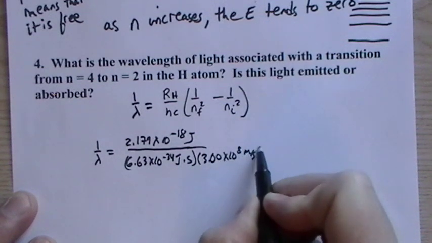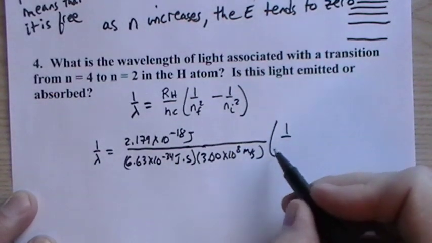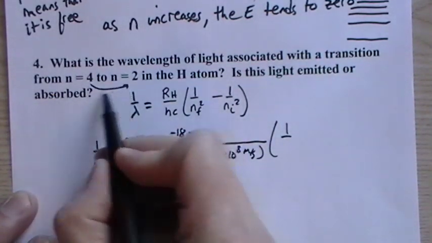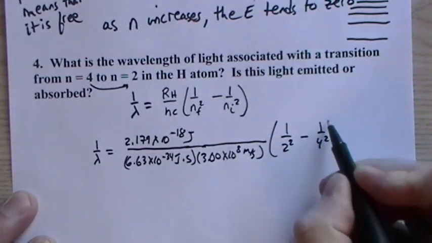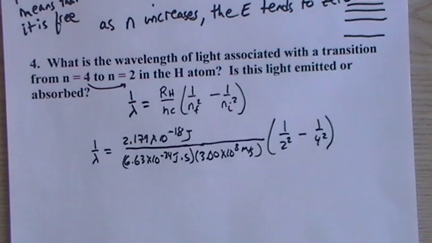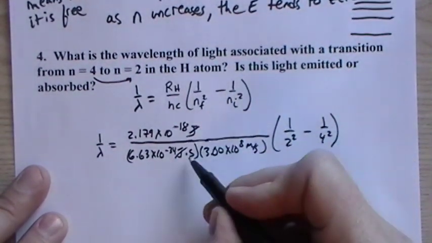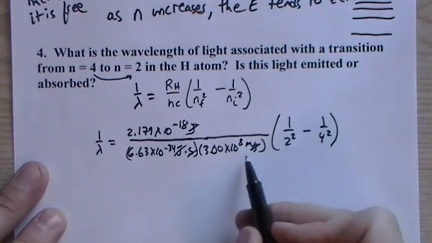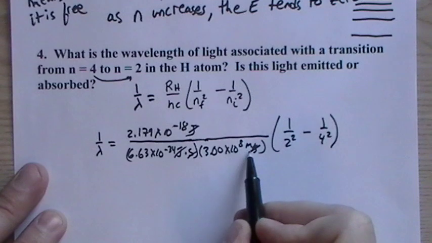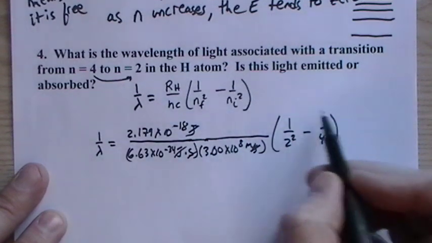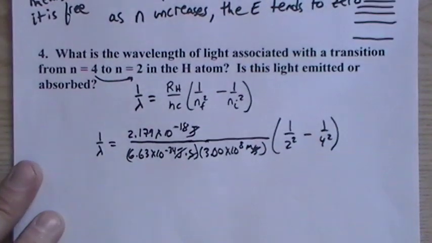And then we have 1 over the final, it goes from n equal to 4 to 2, so this is 1 over 2 squared minus 1 over 4 squared. And we see that joules cancel, seconds cancel, and then we're going to end up with a number that's going to be 1 over meters per second. So once we're done with this number, we have to flip it to get the wavelength.